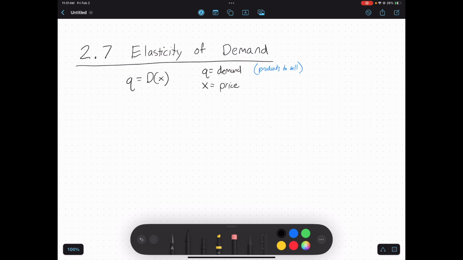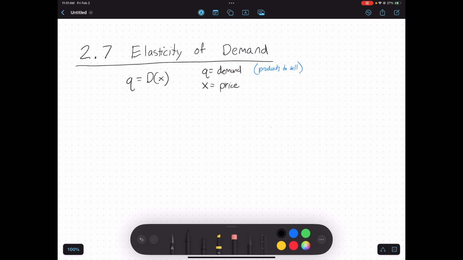Now, I know this might be a little confusing because previously we've had functions where X is the number of products we're going to produce, and P represents the price, and so we're changing what X is, but remember, variables are always fluid, so we're going to do it anyway.